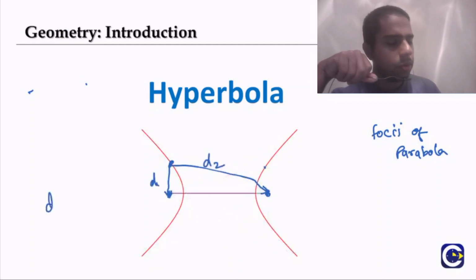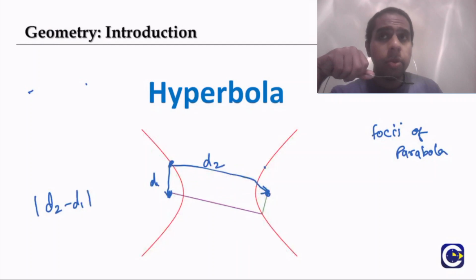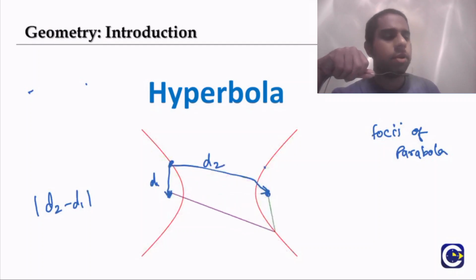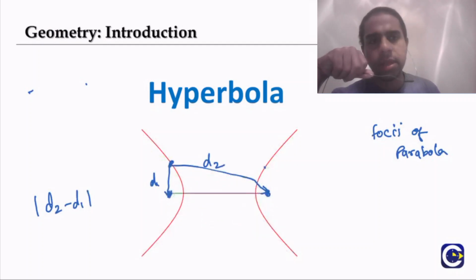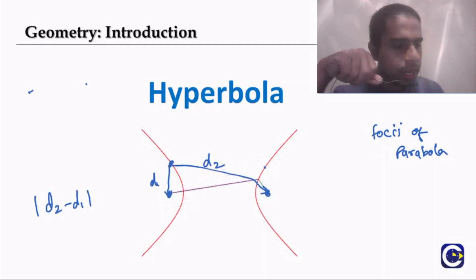I want to get the difference, d2 minus d1, absolute value. I'm not interested in the sign of the subtraction. If d2 is 4 and d1 is 8, or d1 is 4 and d2 is 8, it doesn't matter to me. The difference is always 4.